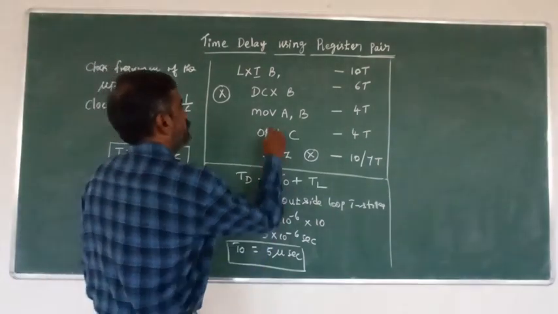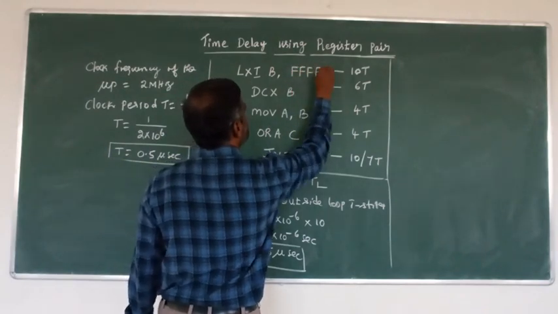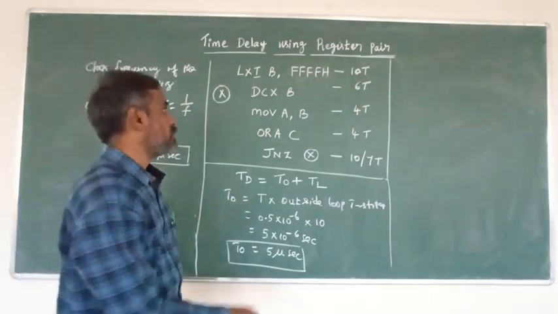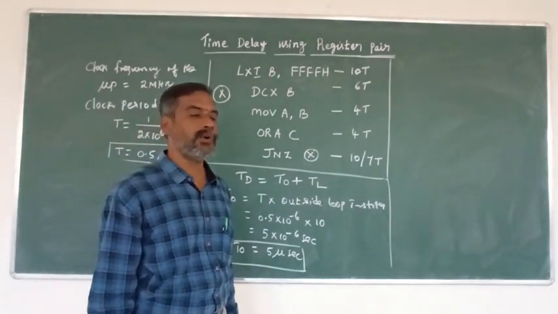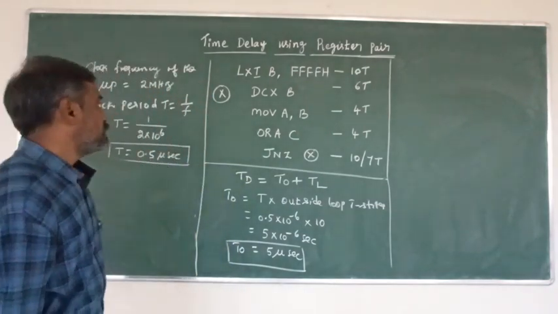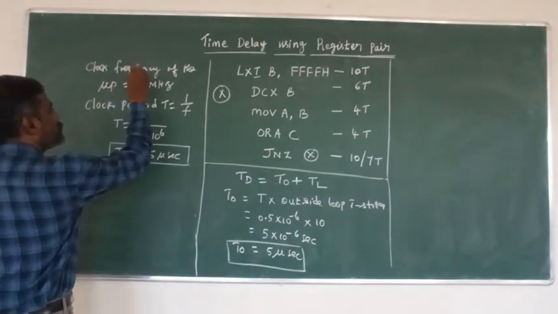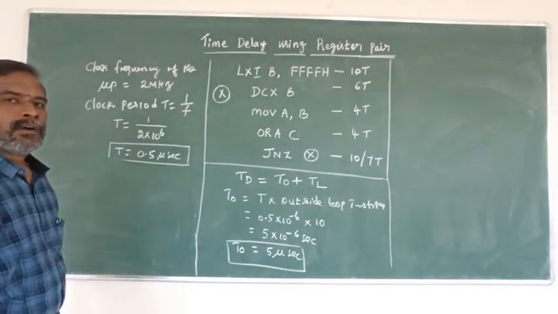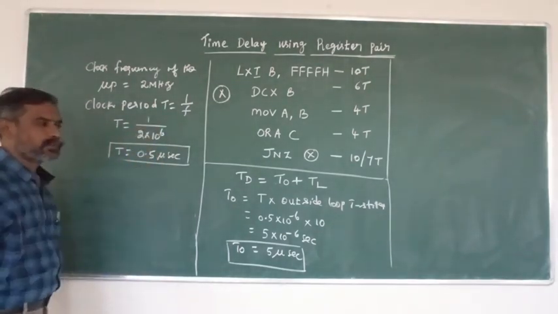Now to increase the data to FFFFH, this is the maximum data in register pair, 0000 to maximum value FFFFH. But the microprocessor clock frequency stays the same, 2 megahertz, and time period 0.5 microsecond.